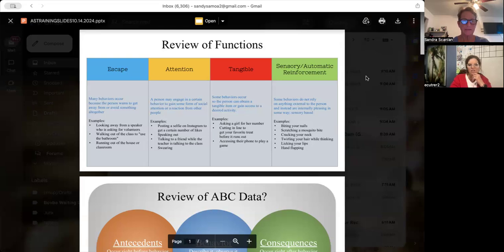The next is attention. A child or a student or an adult will do something to have some form of attention. And this is not a bad thing, because we all need attention as humans. We need to have someone see that we're alive, that we exist in the world.